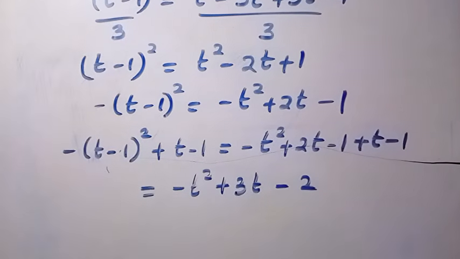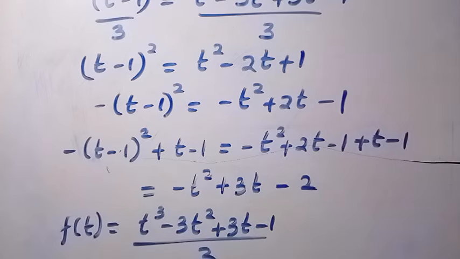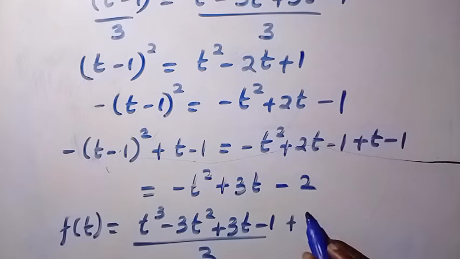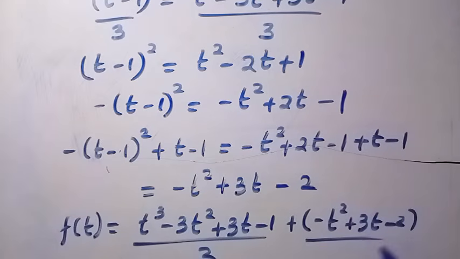So by bringing this together, we are going to have f of t equals t raised to power 3 minus 3t squared plus 3t minus 1 divided by 3, then plus open bracket minus t squared plus 3t minus 2 all divided by 1.